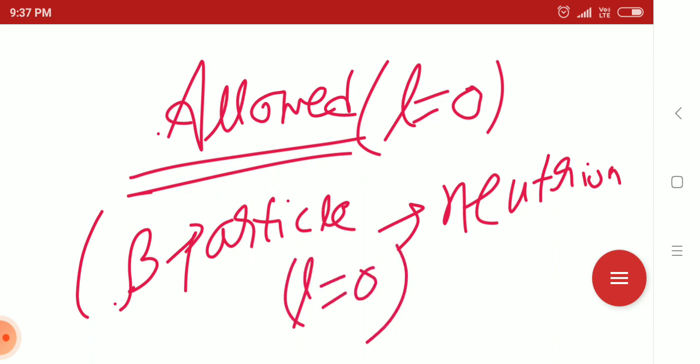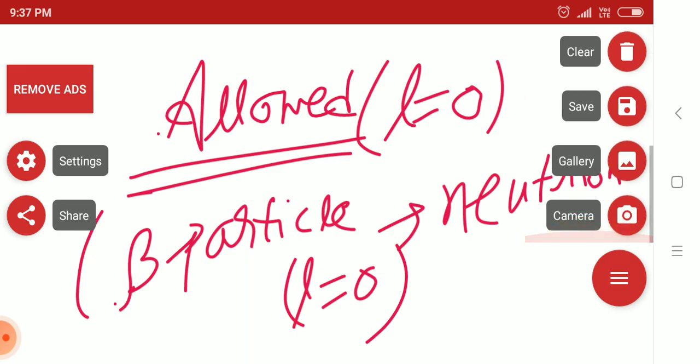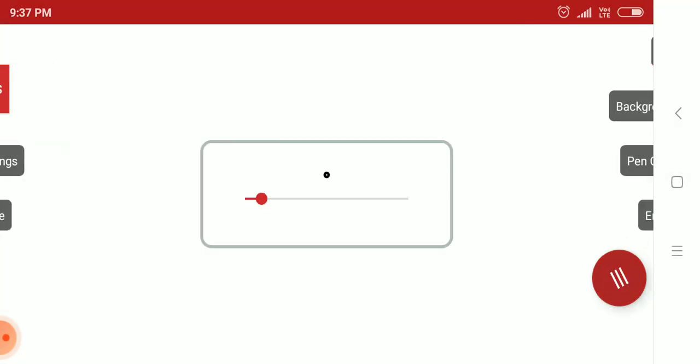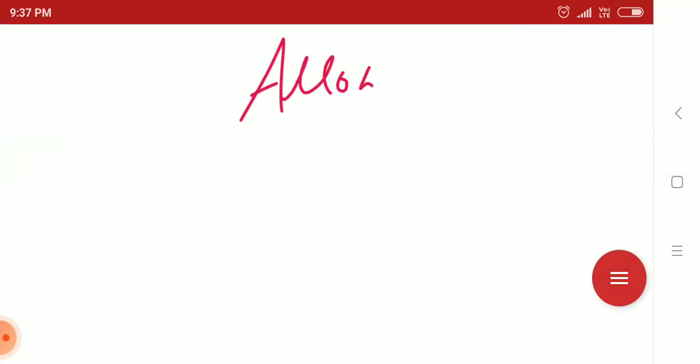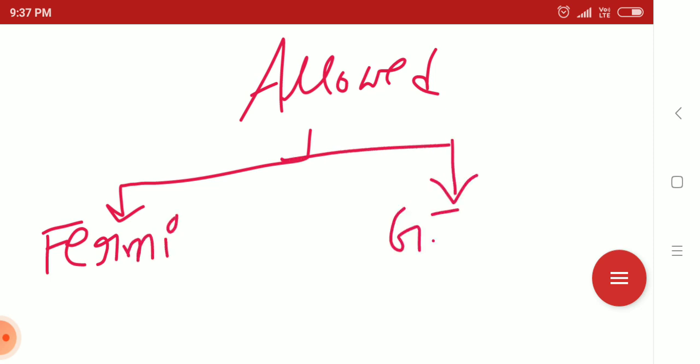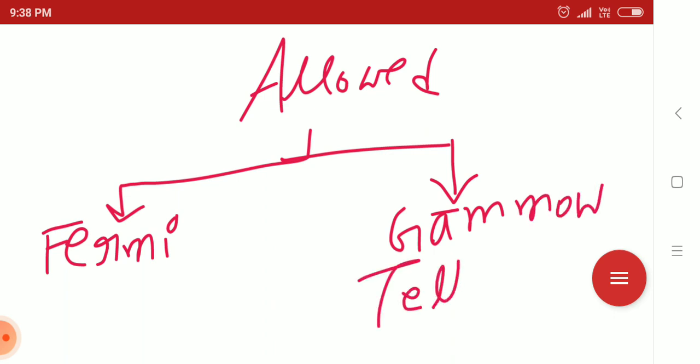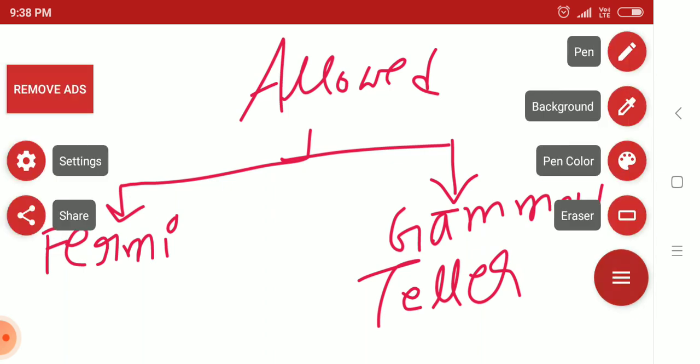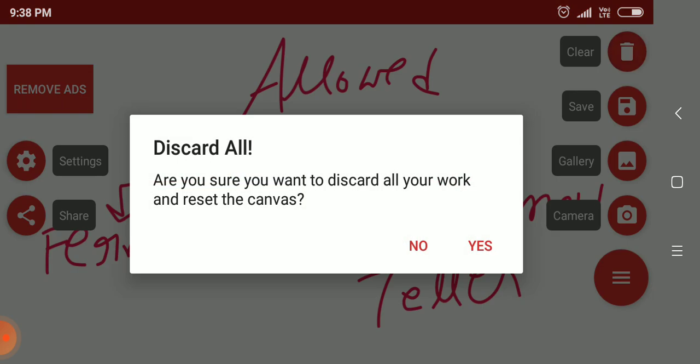In that case, an allowed transition happens. Among the allowed transitions, there are two types: one is Fermi transition, another is Gamow-Teller transition. So how can we classify these two types of transition?